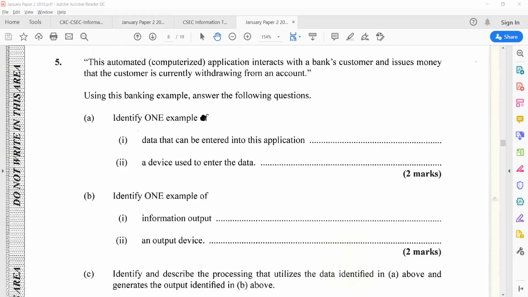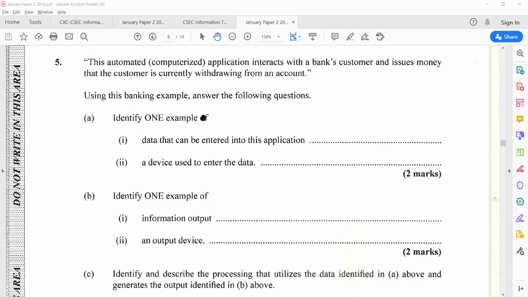Well, first of all, what is the application we're talking about here? Or what is an application similar to it? Now, they're saying that it is an automated computerized application that interacts with a bank's customers and issues money that the customer is currently drawing from their account. So this sounds like an ATM, right?